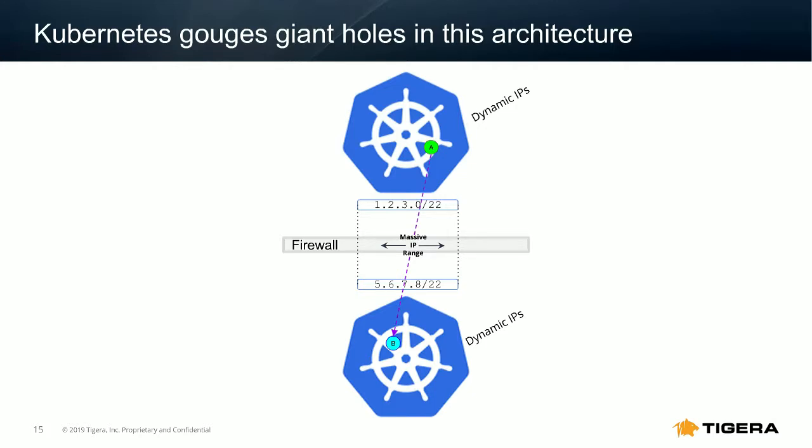The IP range is generally going to match the size of the CIDR block of that Kubernetes cluster. Sometimes we call this security theatrics. What you're actually enabling within this environment is every single workload from one zone to connect to every single workload in the other zone, and that just really gouges a giant hole in that zone-based architecture.